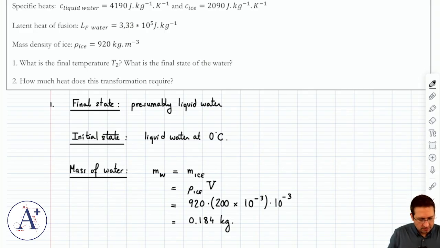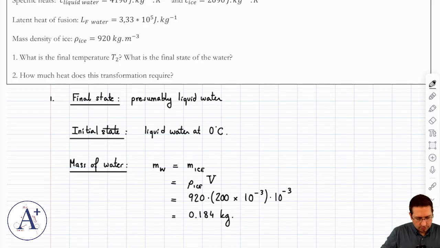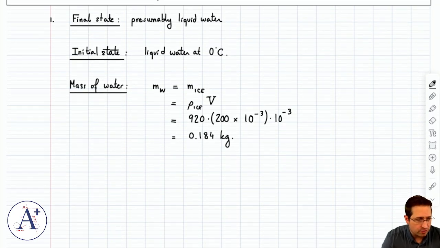Okay. Now, the question is, how far is 35,000 joules going to take you? So let's assume that we received 35,000 joules and we're liquid water at 0 degrees. What temperature do we reach with those 35,000 joules?